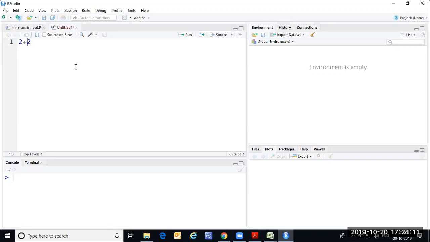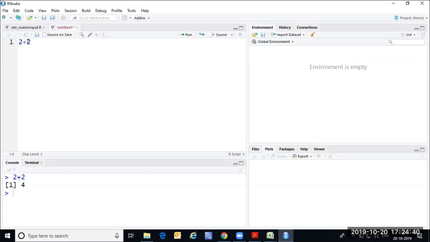I can execute a line of code in multiple ways. Just select the complete line of code, say Run here. The result will be shown in the console window. The bottom left window is called the console window, where the results will be shown to us. 2 + 2, 4.